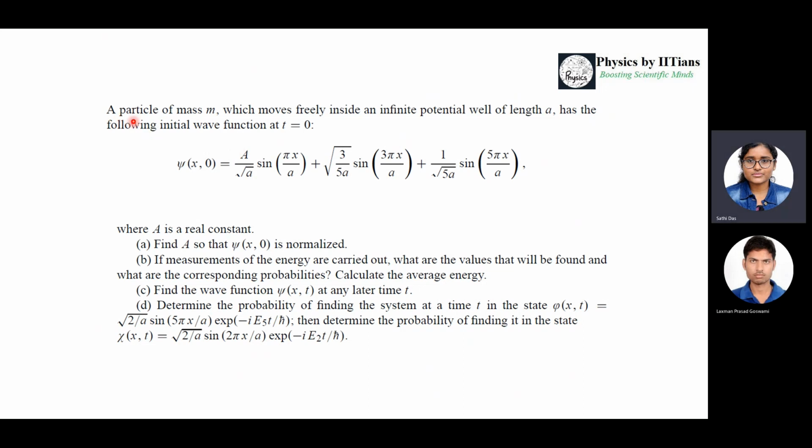So the question is: a particle of mass m which moves freely inside an infinite potential well of length a has the following initial wave function at t equals 0.